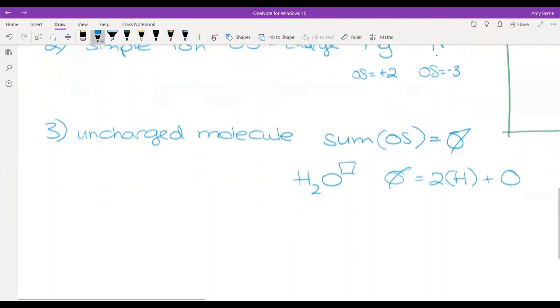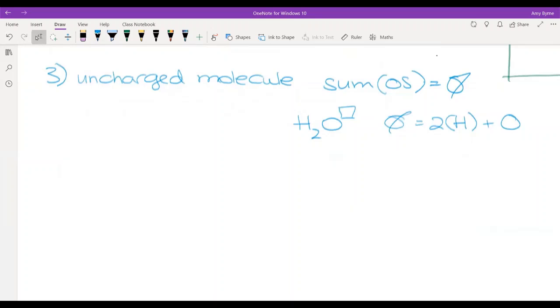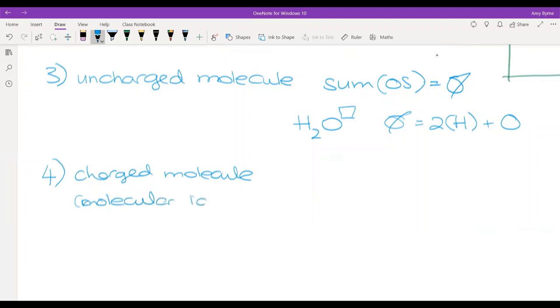Okay, this will become more obvious when we do some practice, but we need a couple more steps. Number 4, if it's a charged molecule, which is also known as a molecular ion, the sum of the oxidation states is going to equal the charge on the ion.